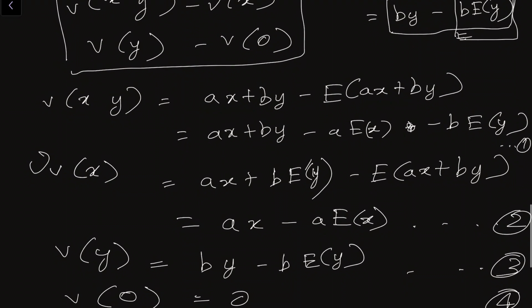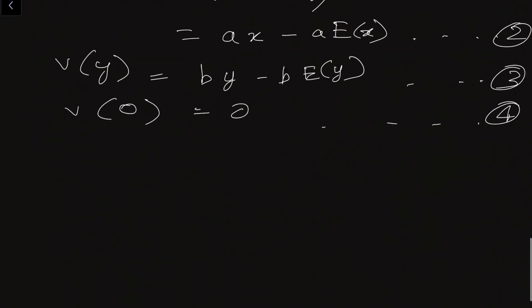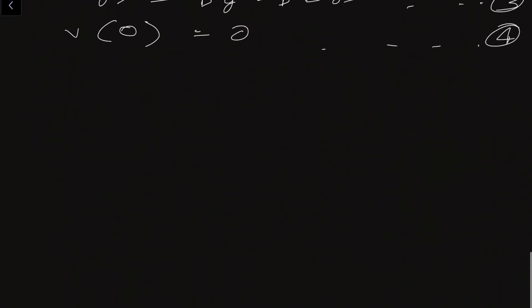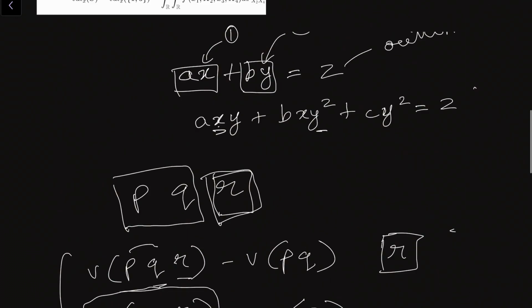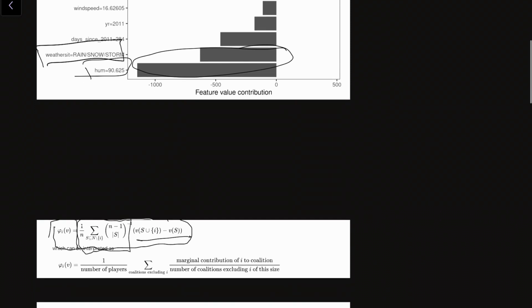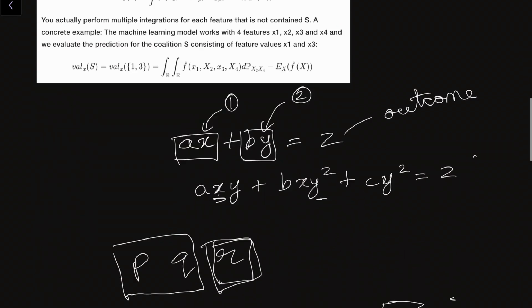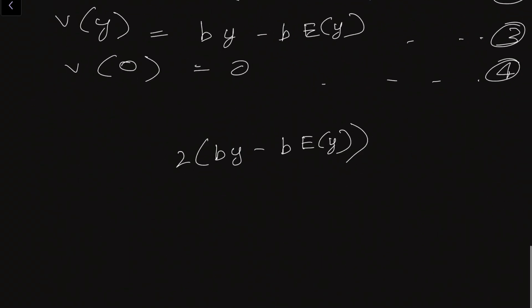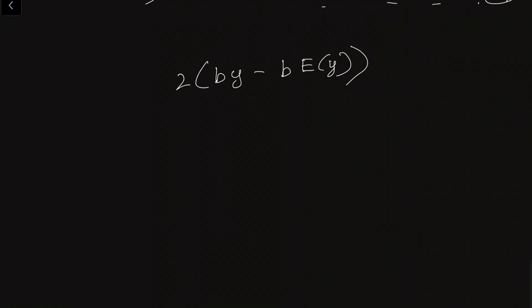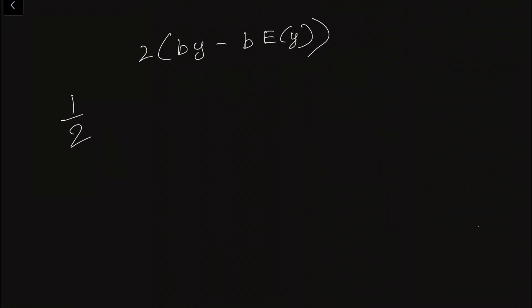You can add all these 1 2 3 4, and you will notice that we get 2 times by minus b expected value of y. So this is exactly where that weighting factor comes into place, the weighting factor that I have ignored till now. See this one right here, the weighting factor. You can work it out that the weighting factor will come out to be nothing but 1 by 2.